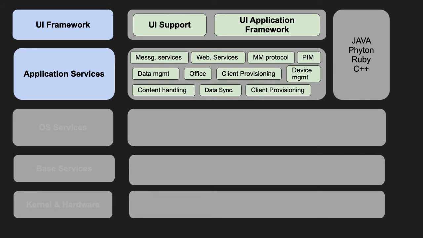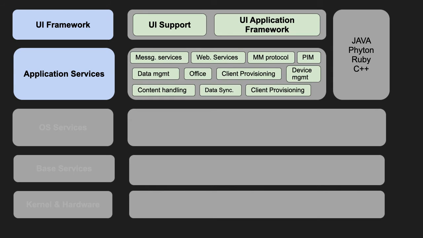And most of these third-party applications are built around different programming languages. So that's why you can see here in the right corner the different programming languages: Java, Python, Ruby, and C++, because even the UI application is created using different programming languages.